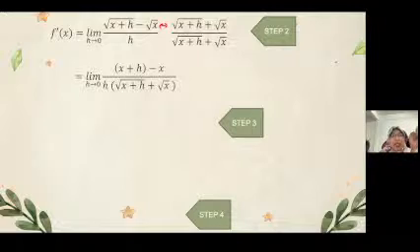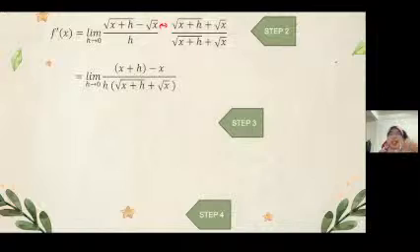So I will get the limit as h approaches 0 for x+h minus with x over h, and then multiply with the square root of x+h plus with square root of x. Okay, so I just expand them. Okay, expand them. So you are going to get the limit of h approaches 0, x+h minus x over h, square root of x+h plus square root of x.